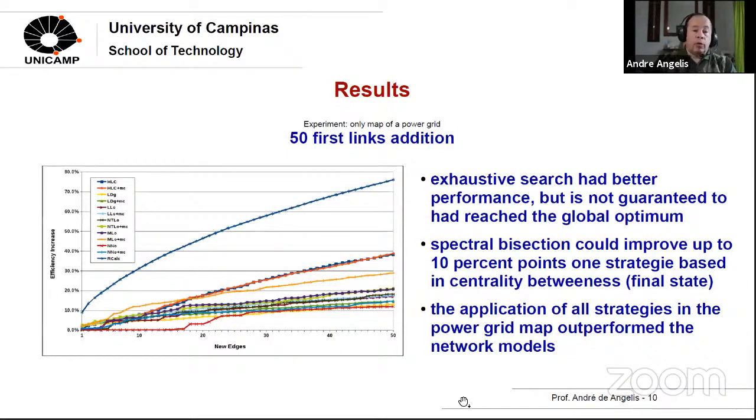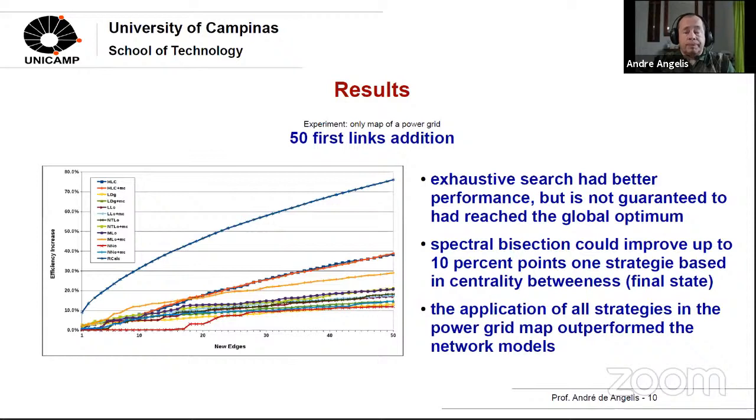Only for the map, only for the real world power grid, we did the same, and we recorded the efficiency gain along the addition of new edges. The exhaustive search had better performance, but it's not guaranteed to have reached the global optimum.